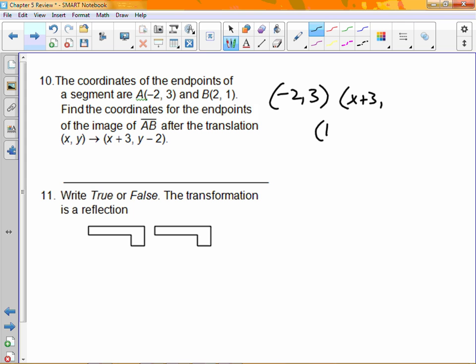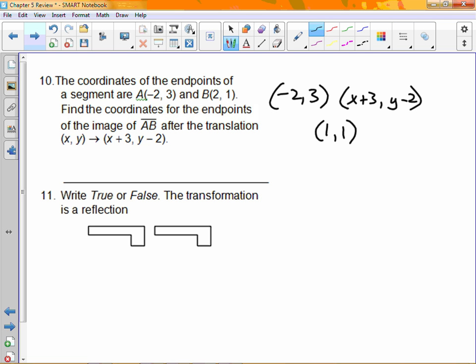And then take the 3 and do y minus 2. 3 minus 2 is 1. So you end up at the point (1, 1). And that's by moving, give me some directions here. x plus 3 is going right 3. y minus 2 is going down 2. So it's going right 3, down 2.